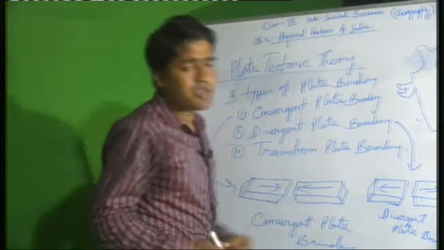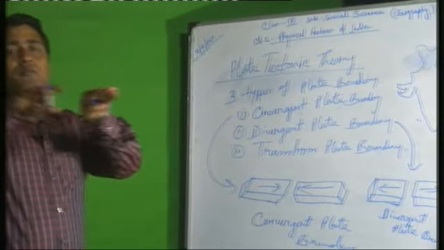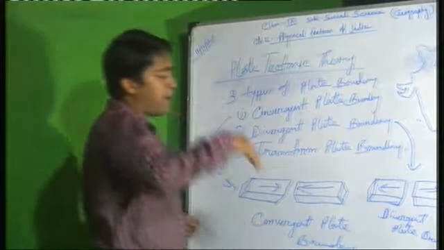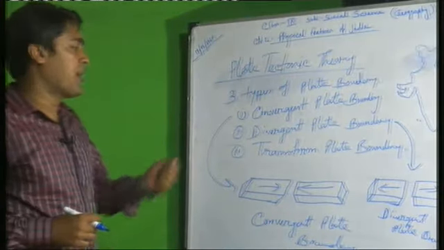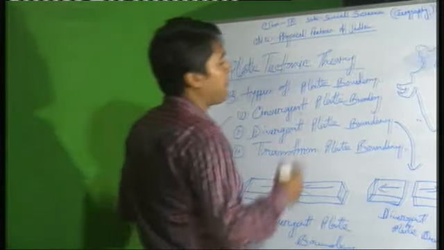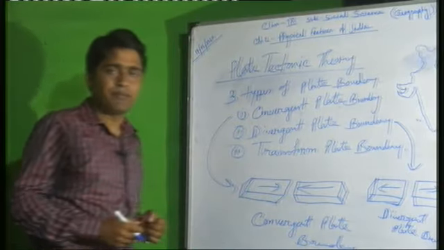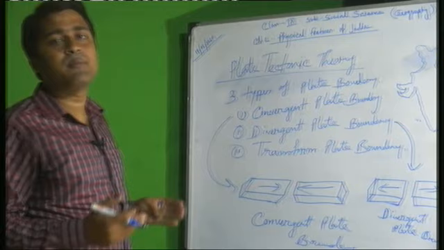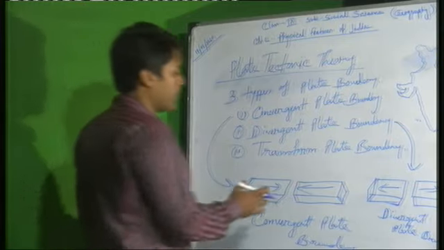Now at a divergent plate boundary, two plates move away from each other. That's why in this region magma comes out from the mantle layer and forms another part of the plate. That's why it is constructive. So it is important that you prepare the difference between convergent and divergent plate boundaries.